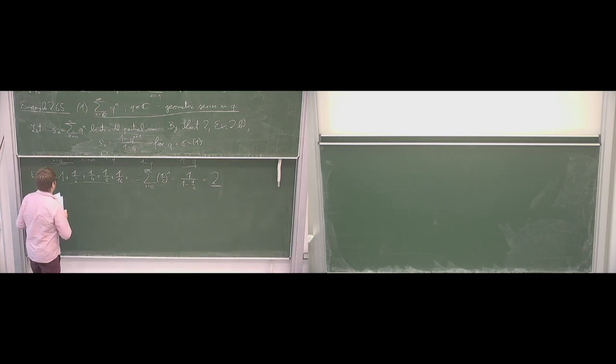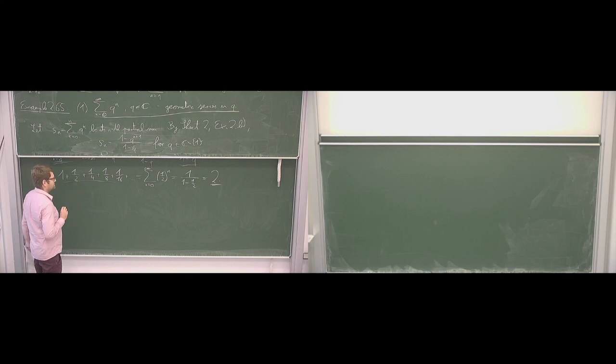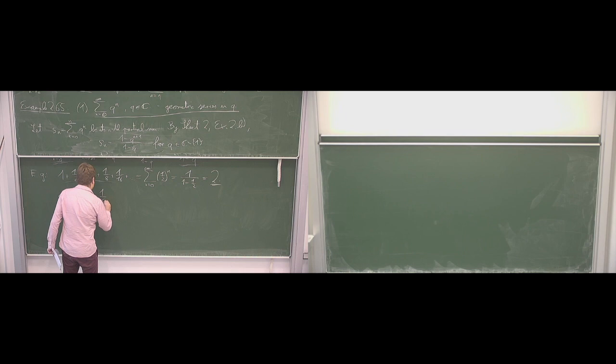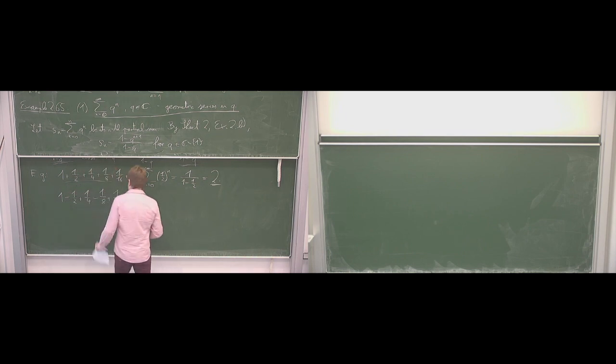Okay, so this is this infinite sum here. Another thing that you could do would be to include minus 1/2 here instead of 1/2. Then we would get the following infinite sum: 1 minus 1/2 plus 1/4 minus 1/8 plus 1/16 and so on, with alternating sign. This would be the same as the sum n equal to 0 to infinity of (minus 1/2) to the power of n.